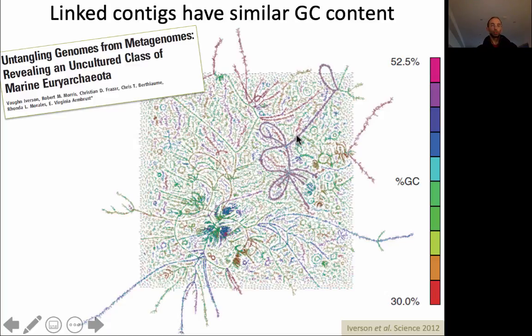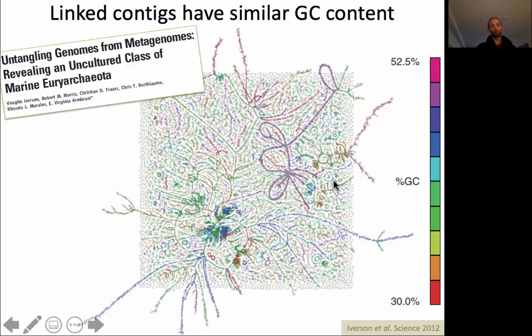What you can see is that all of the contigs that have been linked in this graph tend to have the same color, which means that they have the same GC content. Different stretches, pieces of chromosome, have different colors, meaning that we can also distinguish different bacteria from each other that have a different GC content.